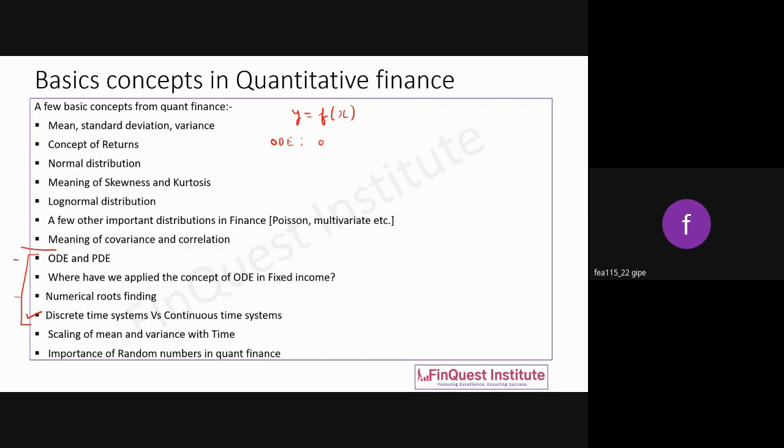So when I say it's an ODE, ordinary differential equation, I write something like dy by dx. That is, I say y is a differentiable function of x. So this is very, very similar to calculating a slope of a line, isn't it? Because if we draw a straight line, I can also write this in a discrete form. This is almost equal to (y2 minus y1) upon (x2 minus x1).